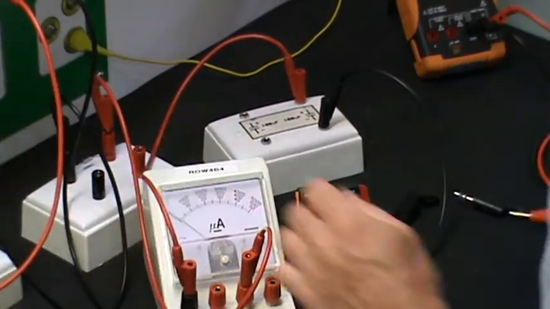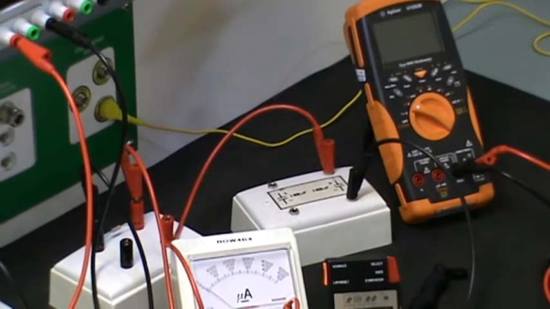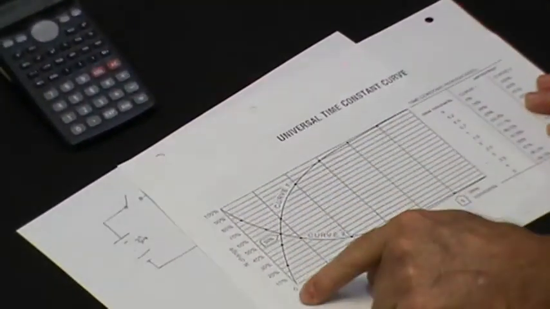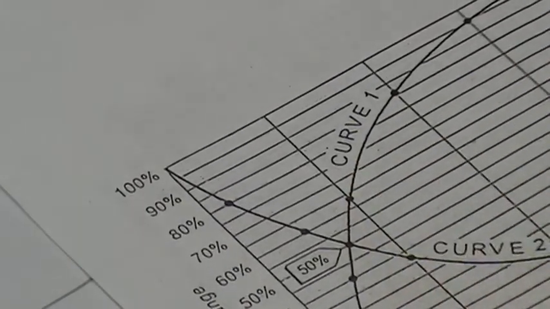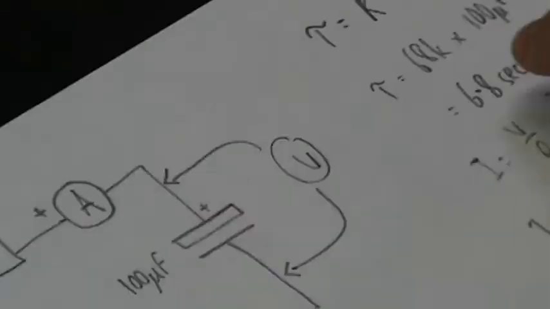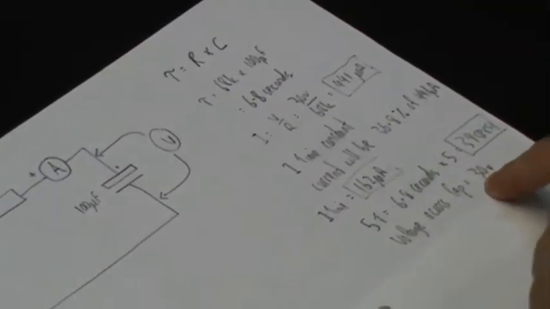The next thing we're going to do is look at the voltage, which is curve 1 on the universal time constant. After 63.2% of the time, one time constant, which was 6.8 seconds, the voltage across the cap, well, after 5 it's going to be 30. So what's it going to be after 1?